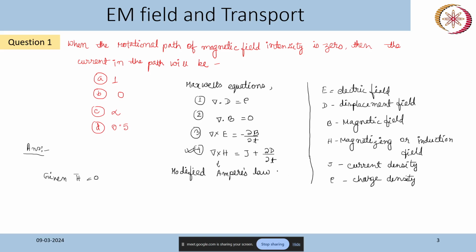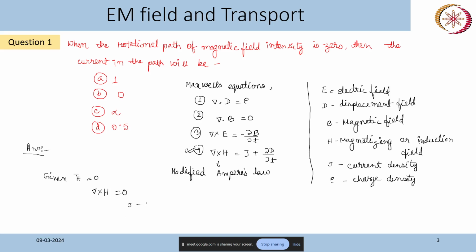Let's consider there is no displacement field, so del D by del t is also 0. Then what will be the current density J? Del cross H will also be 0, and therefore the current is also 0.